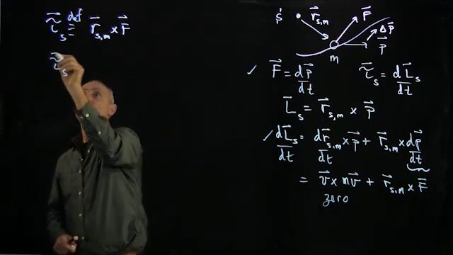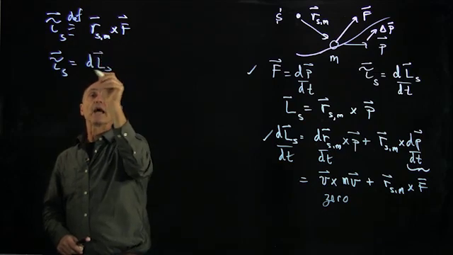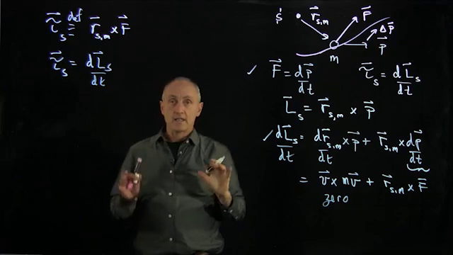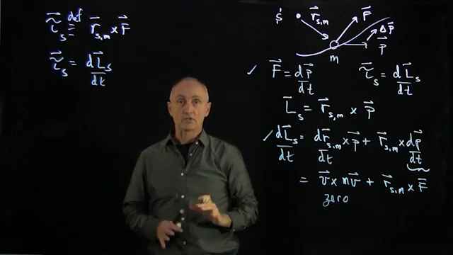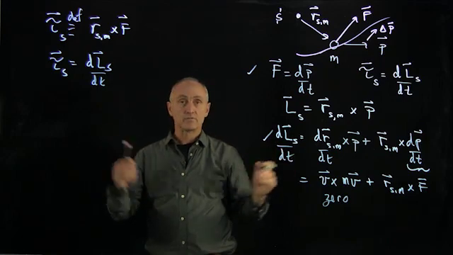And so for a single particle, the torque about a point S causes the angular momentum about that point to change. And this result will generalize for a collection of particles in a calculation that's very similar.